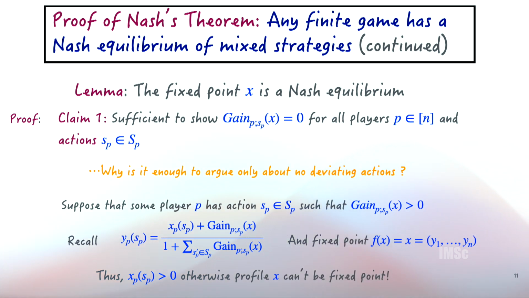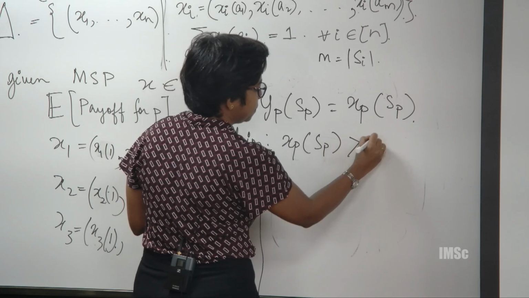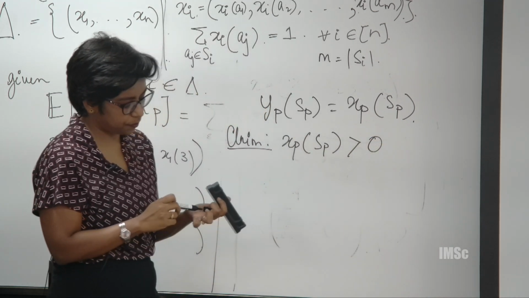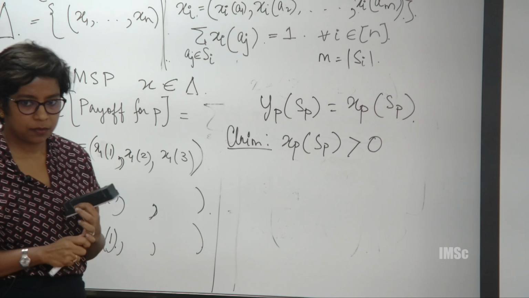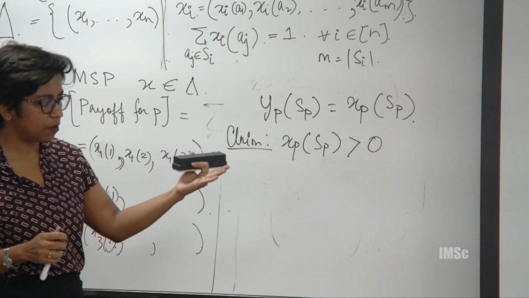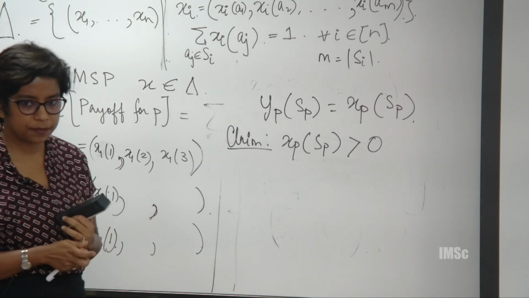Why is X_p(s_p) 0? Why is it greater than 0? We just made some observation about the gain and the denominator of this.